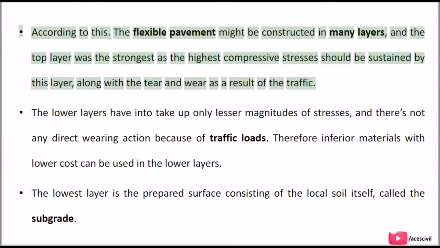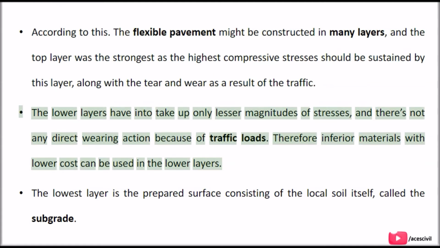According to this, the flexible pavement might be constructed in many layers, and the top layer is the strongest, as the highest compressive stresses should be sustained by this layer, along with the tear and wear as a result of the traffic.